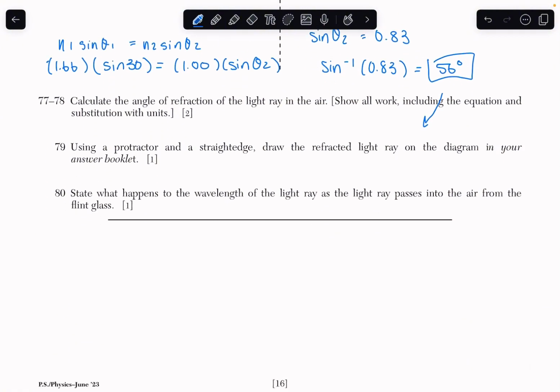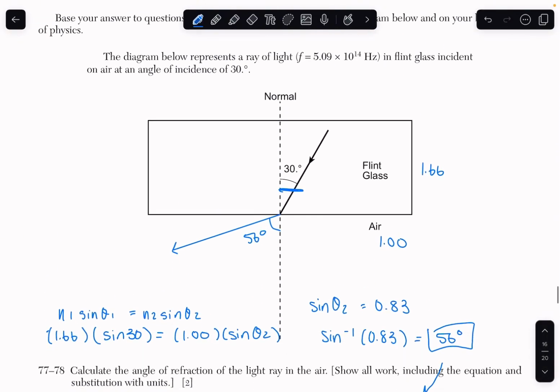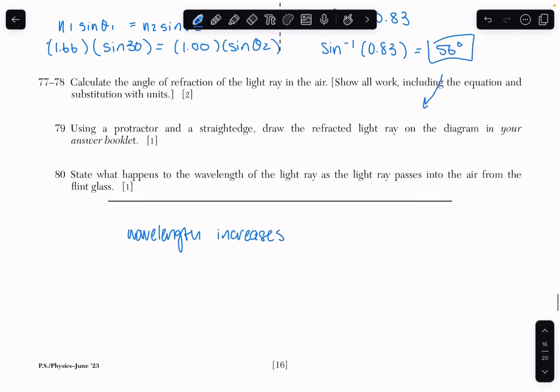80. State what happens to the wavelength of the light ray as the light ray passes into the air from the flint glass. So, the wavelength of the light ray increases. So the wavelength increases because as it passes into the air, the index of refraction gets smaller, because the index of refraction of the flint glass is 1.66, while the air is only 1.